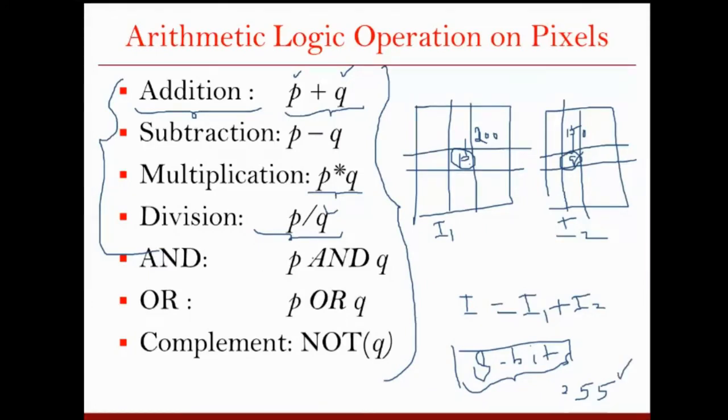In division, it's fine, but sometimes you get a fractional value, and you have to decide what to do. So whenever you are performing these operations on P and Q, you should be very careful about the largest value that you are going to get. So how to handle that? There can be various ways.